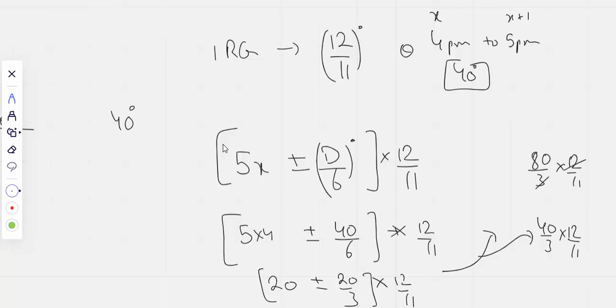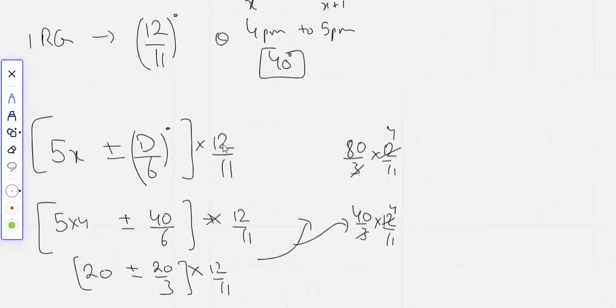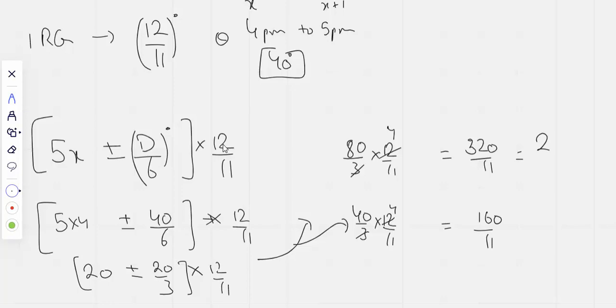You can simplify it: 320 by 11 and 160 by 11. Solving it like this, 29 1 by 11 and 14 6 by 11.